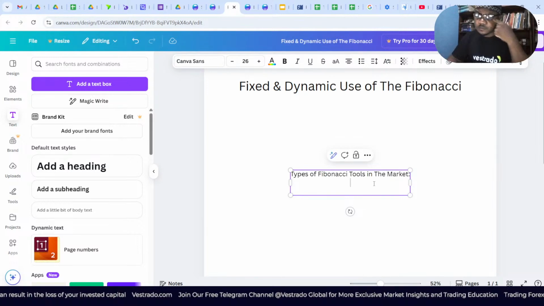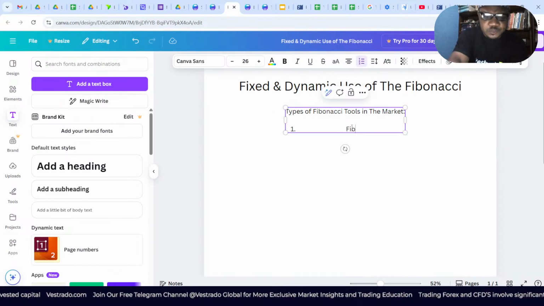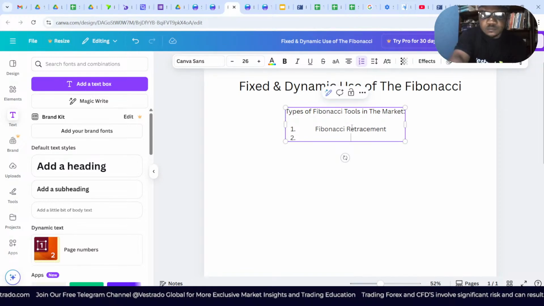Let's look at all of them. Okay, we're looking at one, the Fibonacci retracement. Next, the Fibonacci arcs or fans. Okay, there are a couple of them.